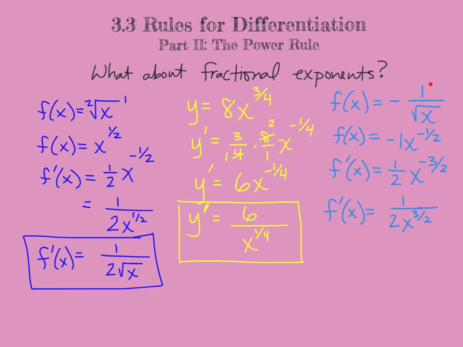Now our initial function was written with a root, so we want to write our final answer with a root. The denominator is the type of root that we're taking, so it's a 2 in the fractional exponent's denominator, so it's a square root, which we would write here, but we don't need to write a 2 because we know that it's a square root. And then this is x, and then it's cubed because it's raised to the 3/2 and not the 1/2.